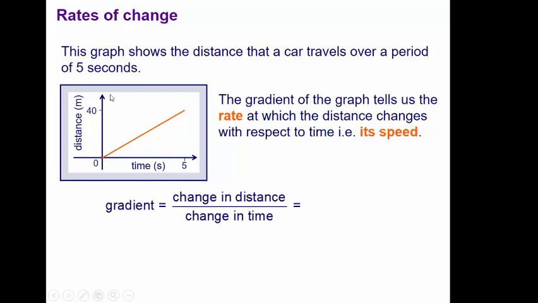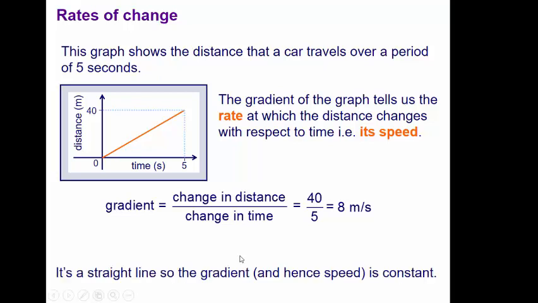So the gradient is change in y, which is here change in distance, over the change in x, change in time. Same old, same old. That's 40 over 5, which is 8. So the gradient is 8 meters a second, which is the speed. And because it's a straight line, the rate of change is not changing. It's a constant rate of change.